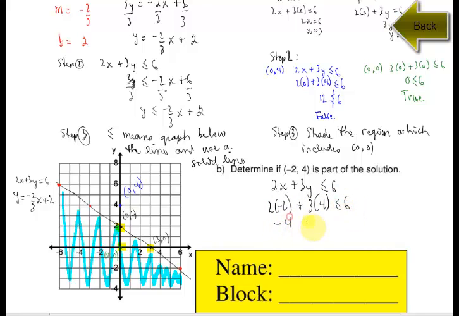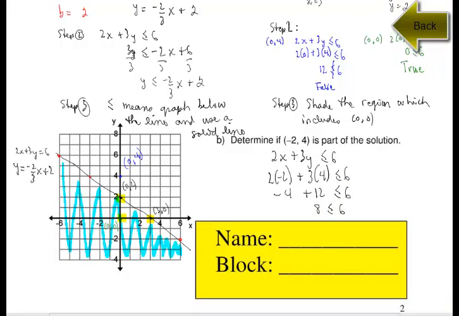And that gives us negative 4 plus 12 is less than or equal to 6. And we get 8 is less than or equal to 6. And that's not true, right? Because 8 is not less than 6 and 8 is not equal to 6, so it's not true. And so therefore the point negative 2 and 4 is not part of the solution.